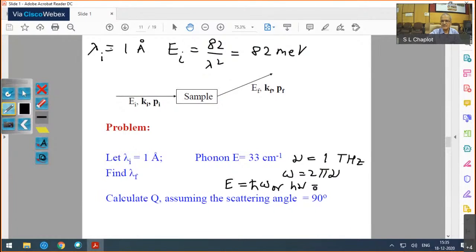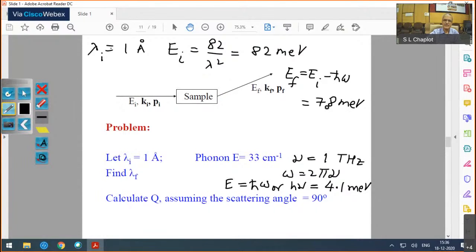is equal to, if you write in terms of energy units, please try to do it yourself, 4.1 milli-electron volts. Okay, so the phonon energy is this, my incident neutron energy is 82 milli-electron volts, and therefore, for neutron energy loss, EF will be EI minus h cross omega. So that would be 78 milli-electron volts.